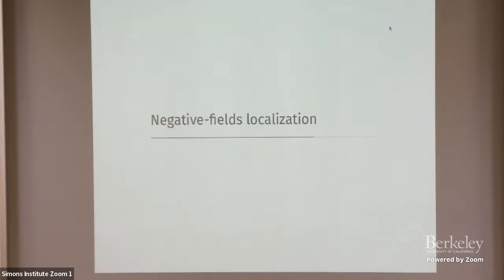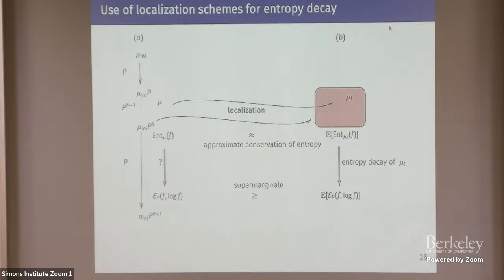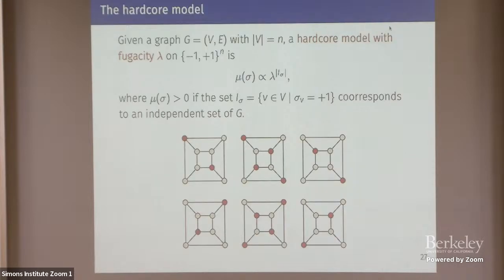Okay, I'll just briefly, I only have like 5 minutes. I'll just briefly talk about the third localization scheme that might be interesting for some of your applications. So the third example we're going to consider is this hardcore model.